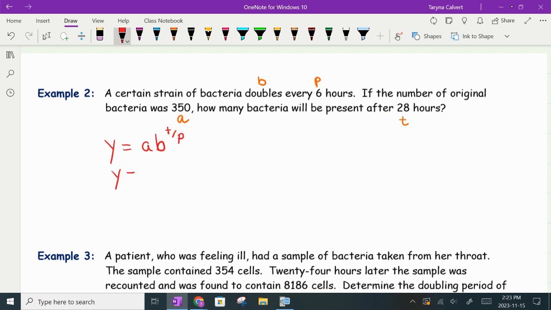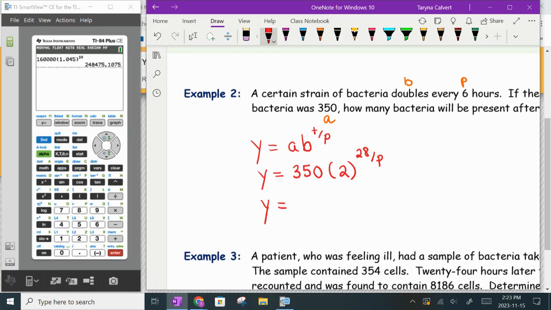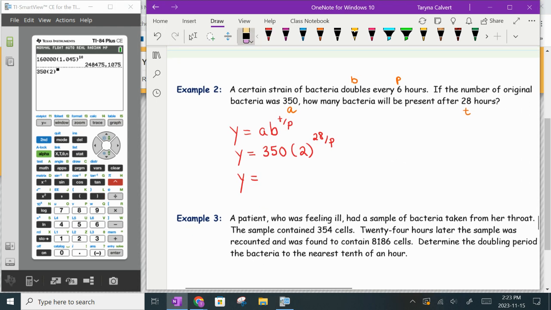So this one we're just solving for the total amount. So this one's nice. We're not having to rearrange anything. So 350, 2, all my numbers in, sorry.